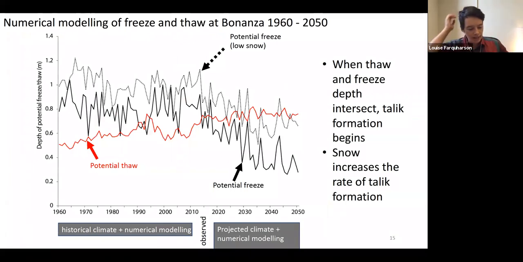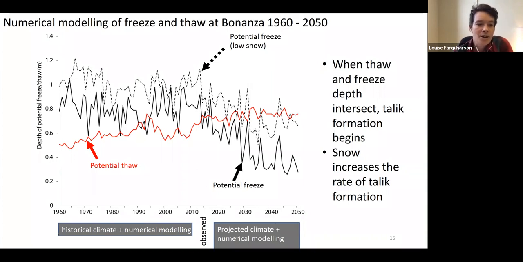So taking this idea of potential freeze and potential thaw as a way to infer talik formation if we didn't have borehole data, we explored whether potential thaw and potential freeze aligned with what we've been observing at the Bonanza Creek site.